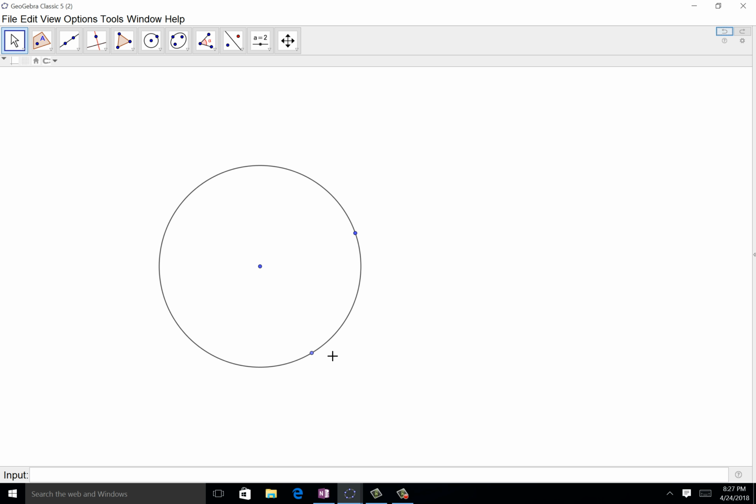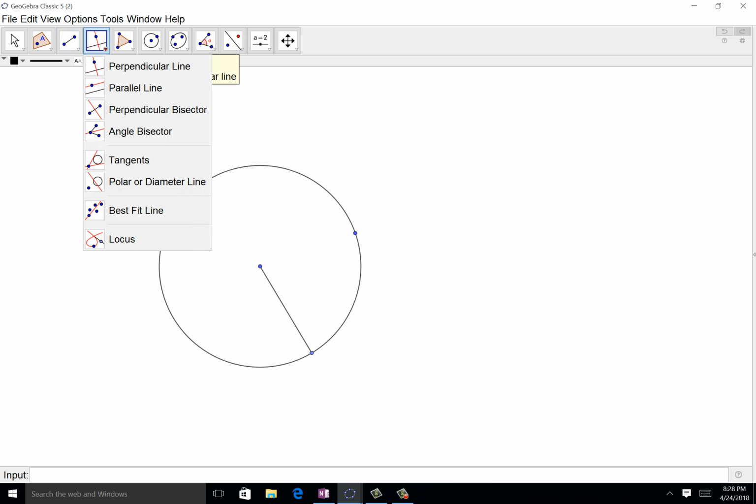We want to make sure we can lock that line in place so that it can only touch the circle in one point. The way to do that is to draw a segment. And this segment we know represents, hopefully you said radius, because that's what it does. Now to get a line to go through that point right there and not go through any other points on the circle, we are going to do a perpendicular.